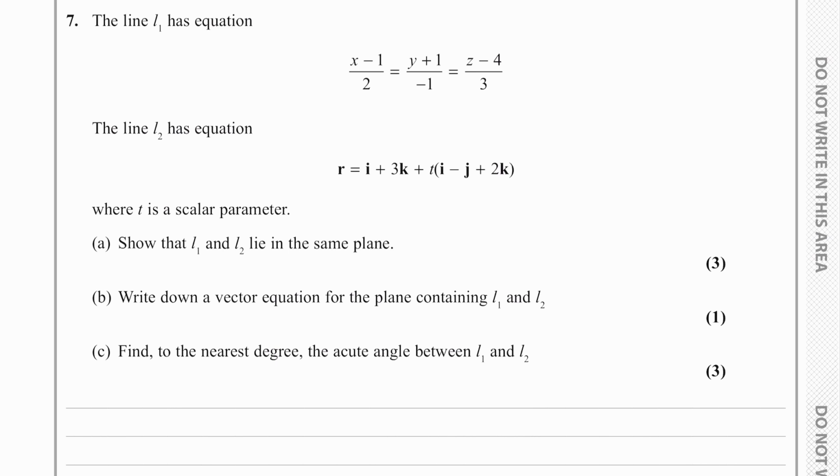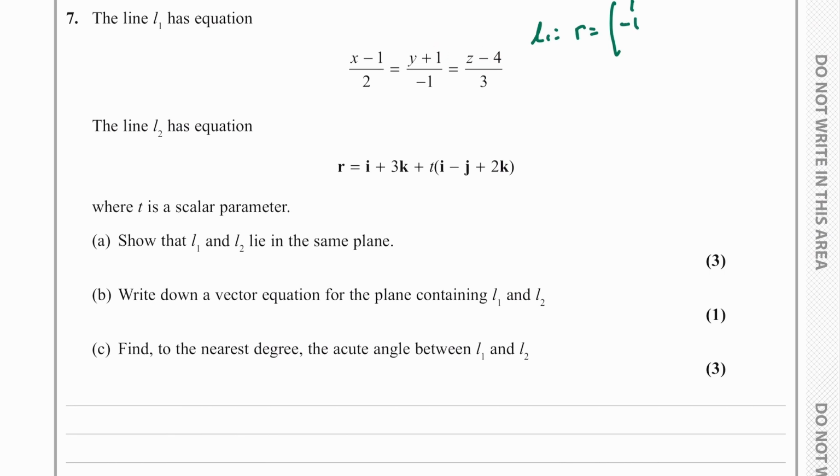So the first thing I would do here is to write them both using column vectors. So for L1, we'll say that r is equal to the position vector, which is the negative of each of these. So 1, -1, and 4, plus lambda, and then the direction vector would be each of these.